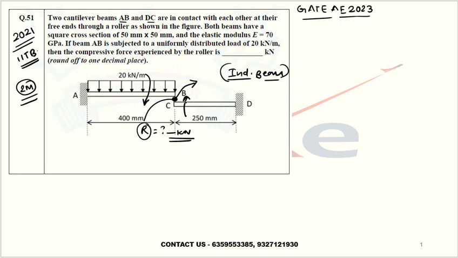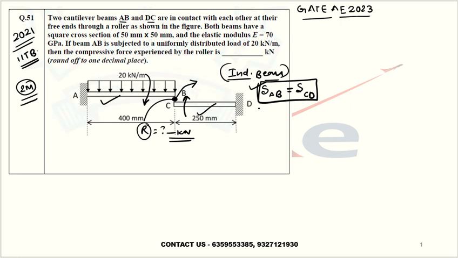So I will calculate the deflection for this beam and for that beam, and equate them, because the deflection at point C is the same. So the deflection by beam AB should be equal to the deflection by beam CD. This is the condition for the system to be in equilibrium.